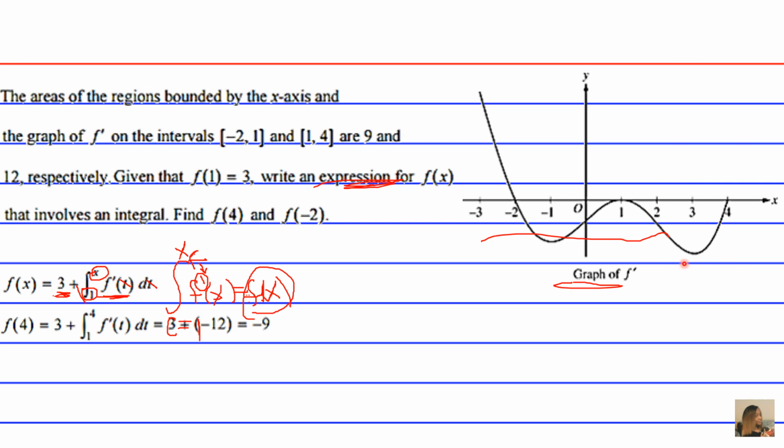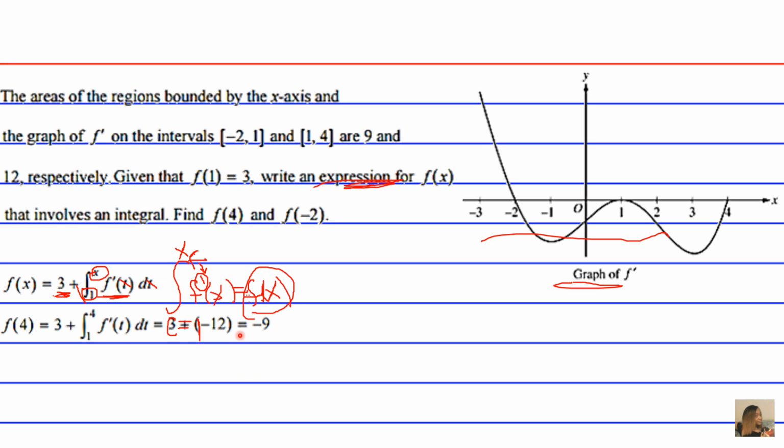If it were in quadrant 1, it would be positive, but this whole entire region right here lies in quadrant 4. So the absolute value of the area is 12, but the numerical value, including the signs, is going to be negative 12 for those of you who are a little thrown off. Okay, so we know that 3 plus negative 12 is going to give us negative 9. So f of 4 yields a negative 9.